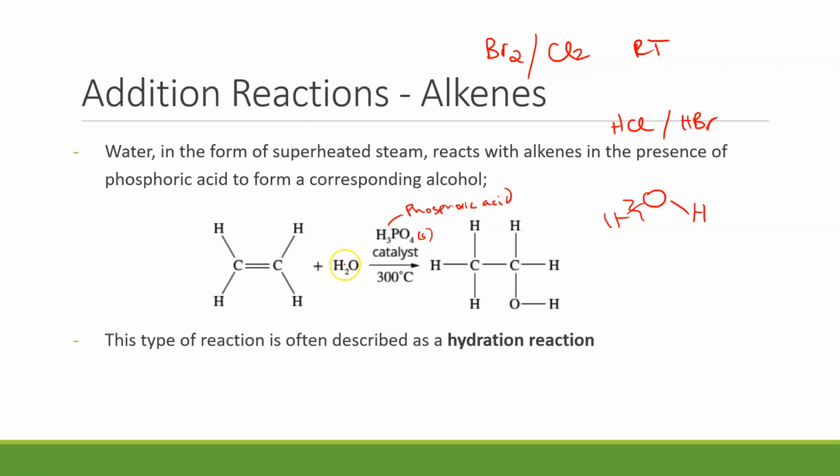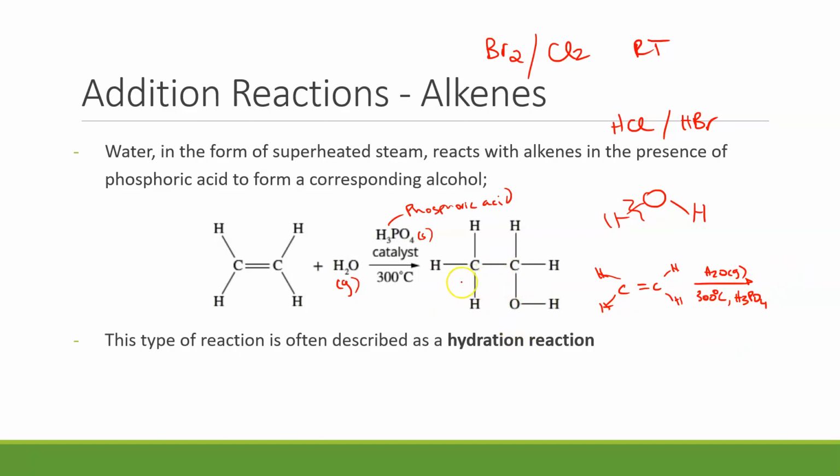Okay, and in that case, water will be gaseous. You will also see this written again using our above and below the arrow notation, H2O gas, and then 300 degrees C, H3PO4. And this will produce the corresponding alkanol.